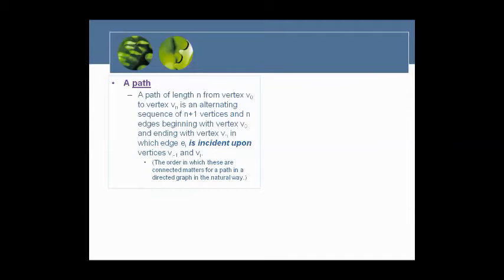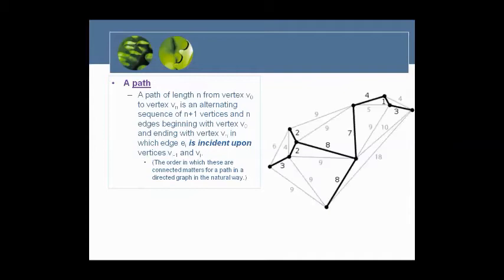So the order in which these are connected matters for a path in a directed graph in the natural way. So you will see here the path, the interconnection of the vertices with their edges.